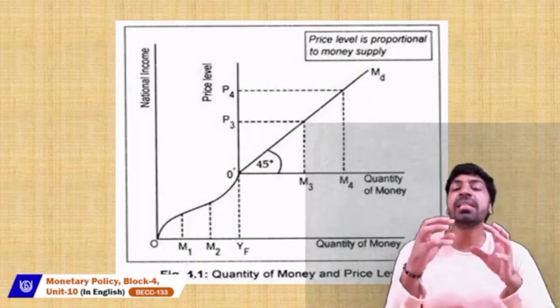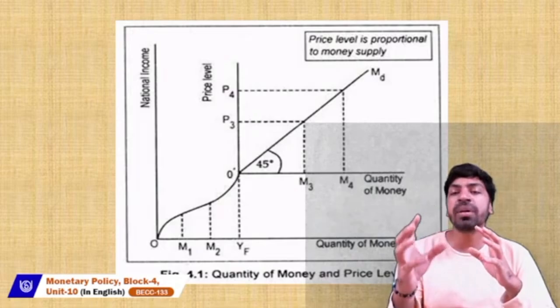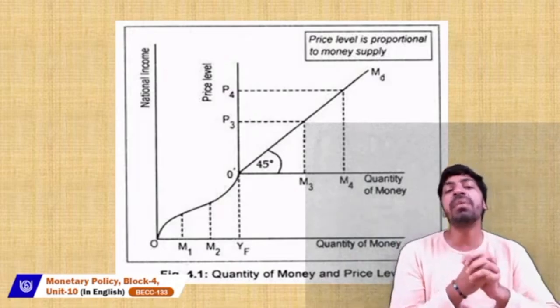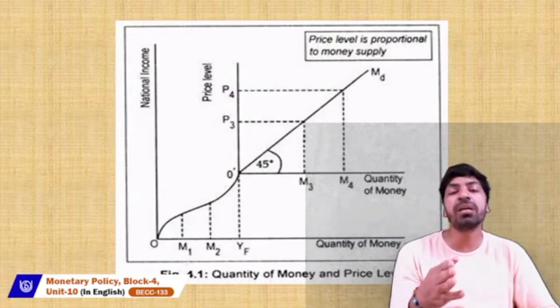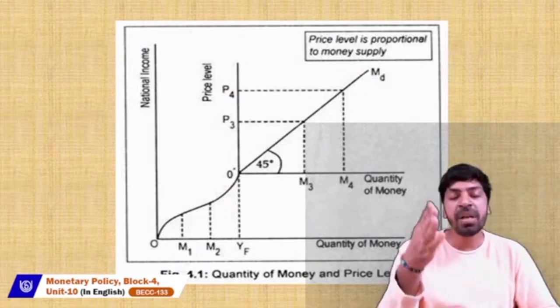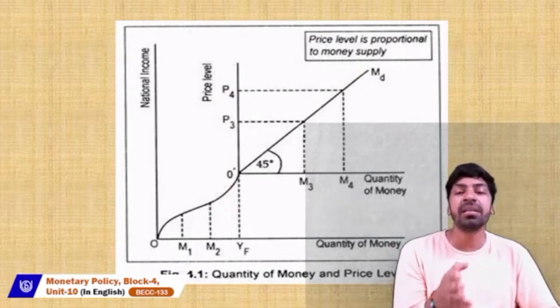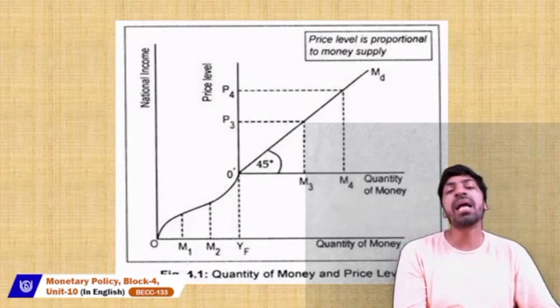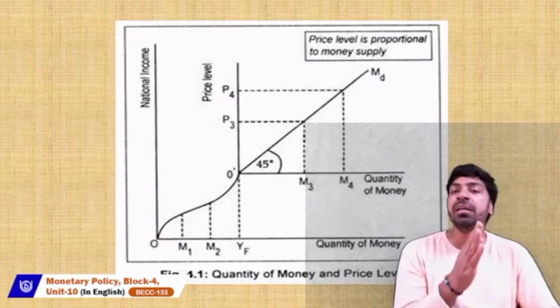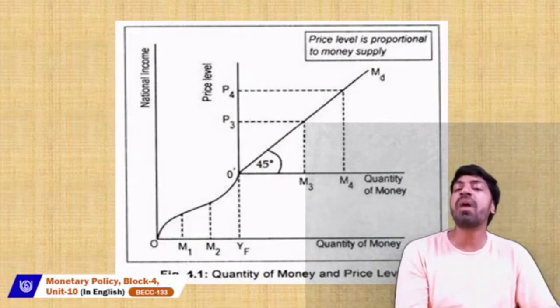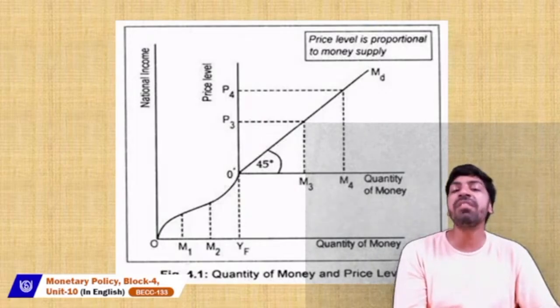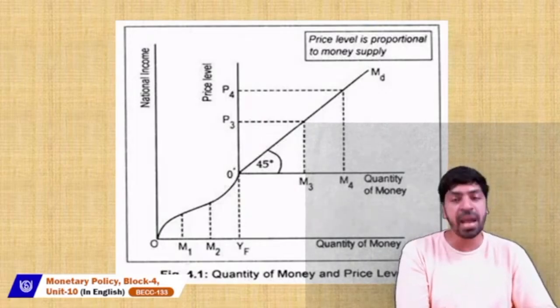In this case, the demand for money begins from the origin, where the below employment rate ended. That is O. O stands for origin, and the curve of demand for money is a 45-degree angle line.